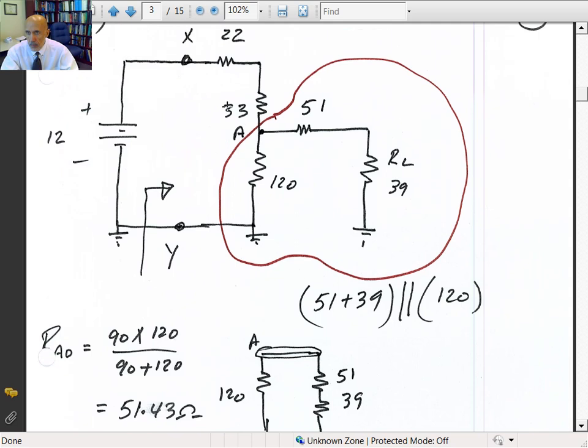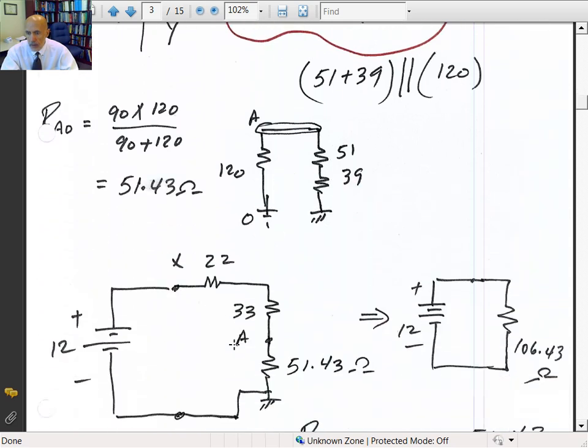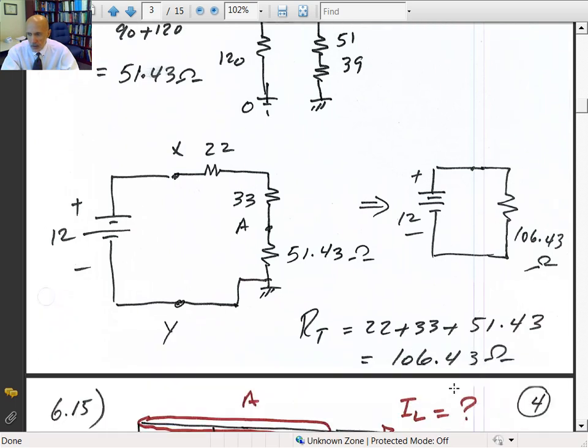Then you put that back in, you've got 22 and 33 connected in series with the parallel combination we calculated here at 51.43. So that's 55 plus 51.43, which gives you 106.43 ohms. That's the equivalent resistance.